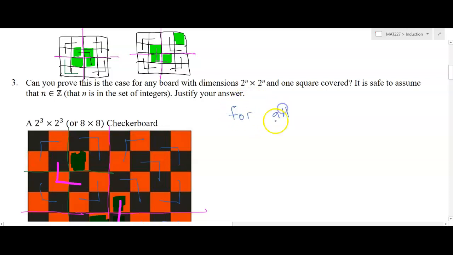For all n. Okay, so when you're trying to prove something like this, it's difficult to do because there are infinitely many integers. And as a result of there being infinitely many integers, you would have to consider infinitely many checkerboards in order to prove this.